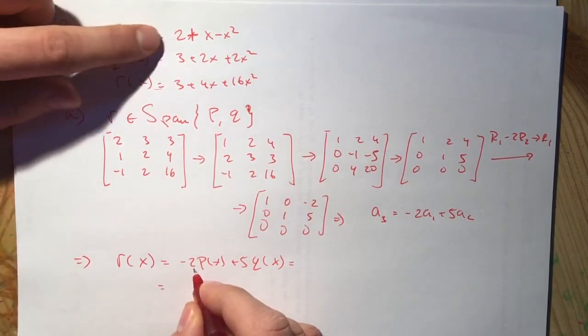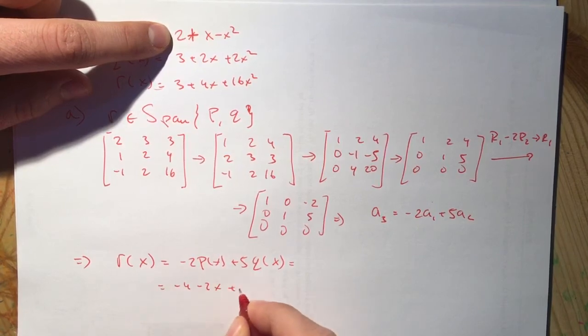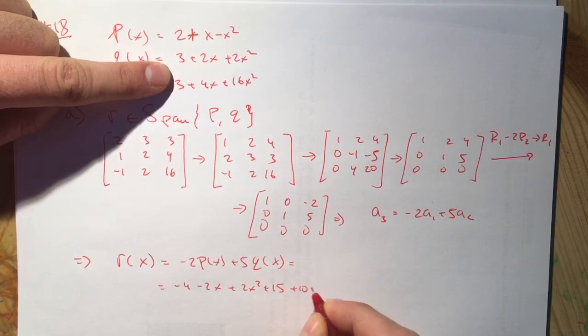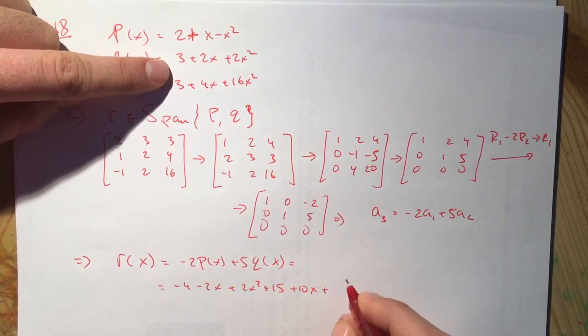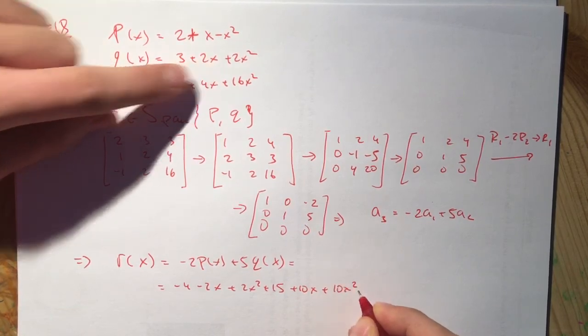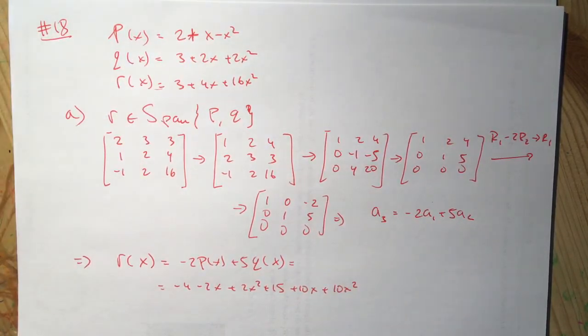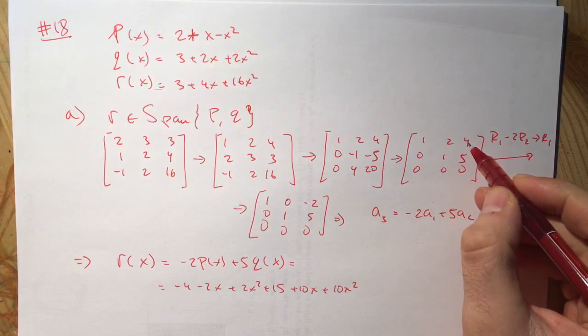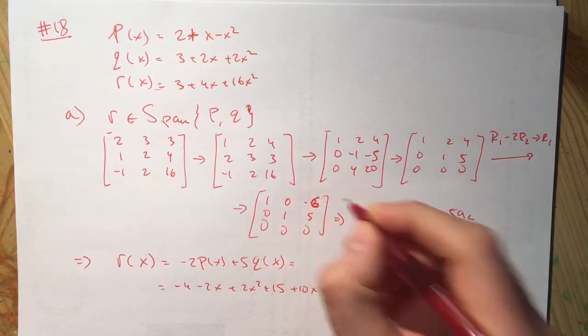We can check that negative 2 times 2 is negative 4 minus 2x plus 2x squared plus 15 plus 10x plus 10x squared, and then I made somewhere a mistake here. 4 minus 10 is negative 6, my bad, sorry about that.